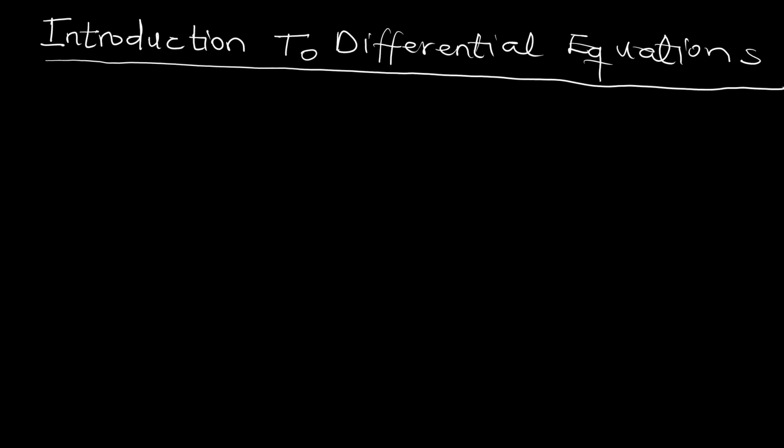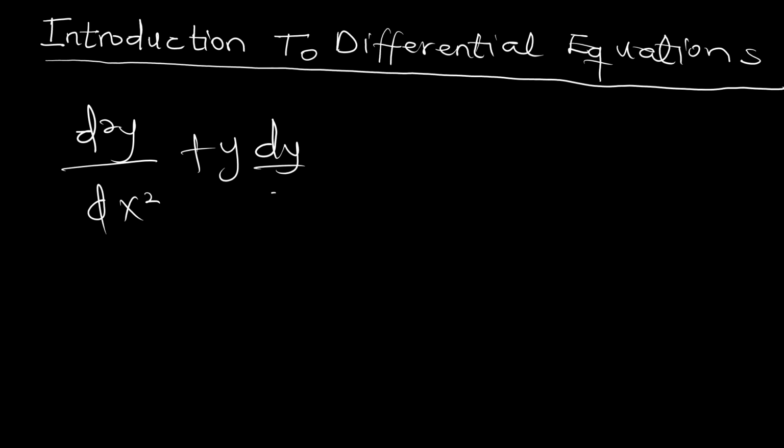Now the last example is d²y/dx² plus y dy/dx plus 2y is equal to x. Pause the video and try. Is this a linear or a non-linear differential equation? The first condition is that the degree of the highest derivative must be 1.